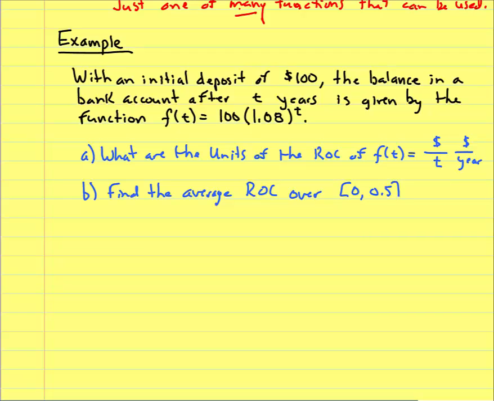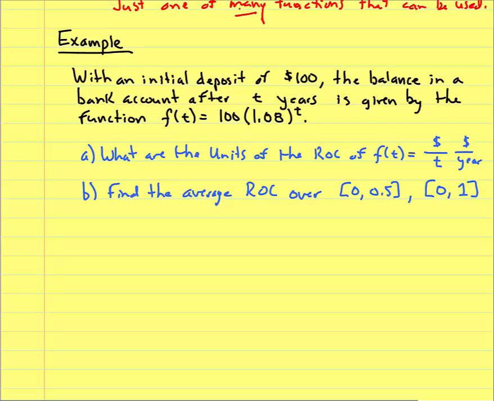Now this is not an ordered pair. This is our time. So this is time equals 0 to time equals 0.5. And the other interval I want to look at is between 0 and 1. So these are pretty small intervals. So I want to find my average rate of change over that interval.